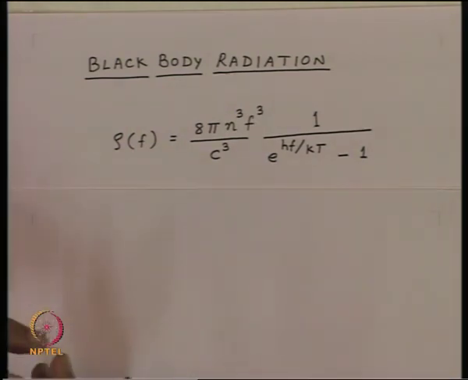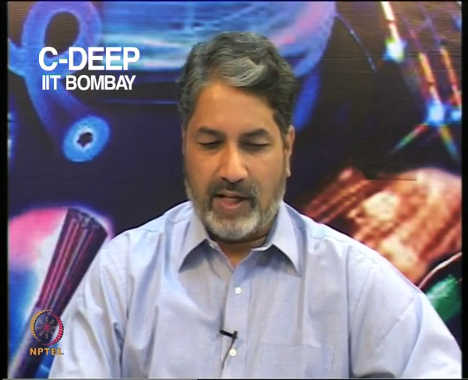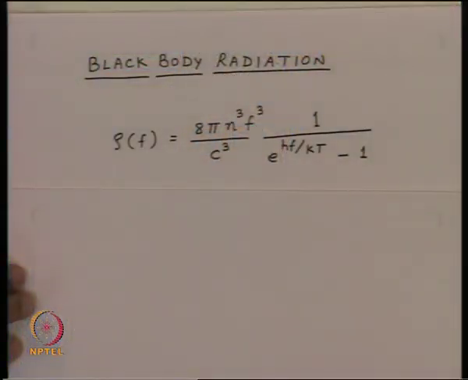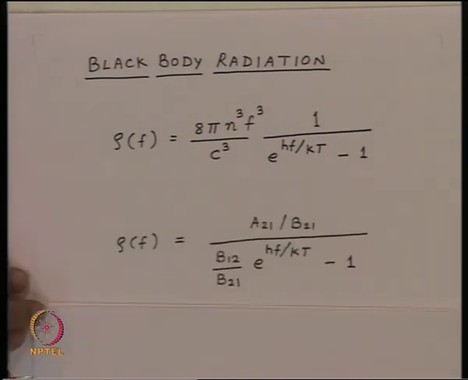When these three processes were proposed, the black body radiation expression was well established. So, it was then straightforward to just compare these two expressions, one which is the black body radiation expression, Rayleigh-Jeans law, and the expression which you have derived by balancing these three processes.